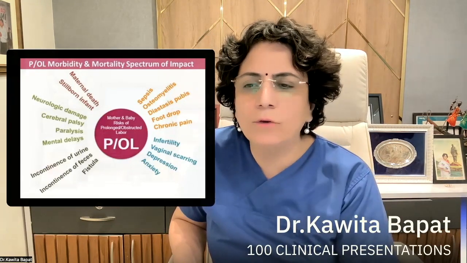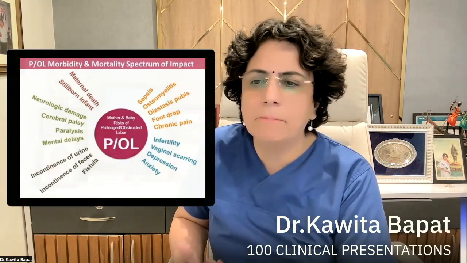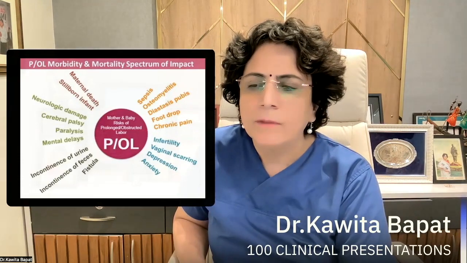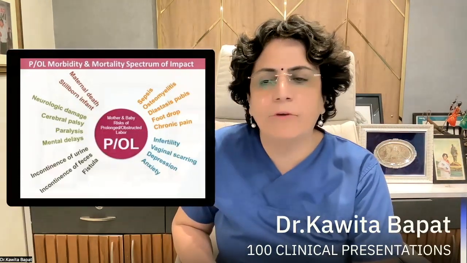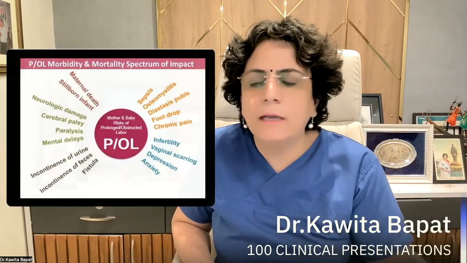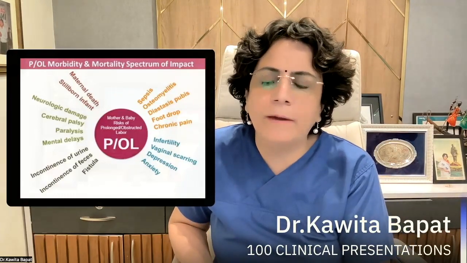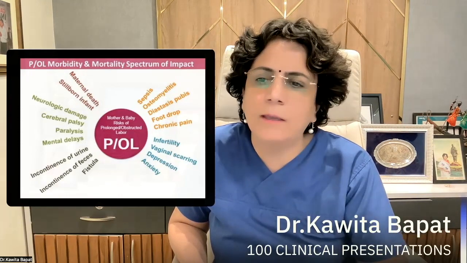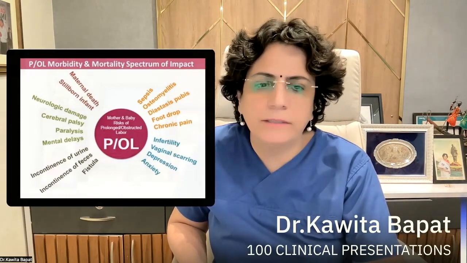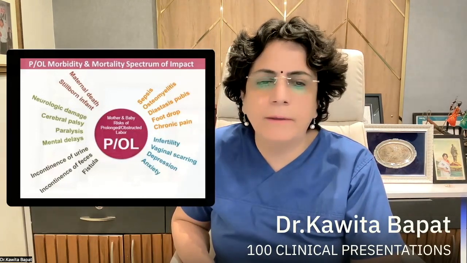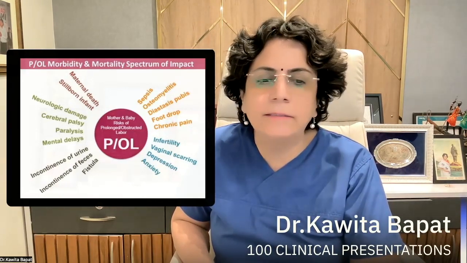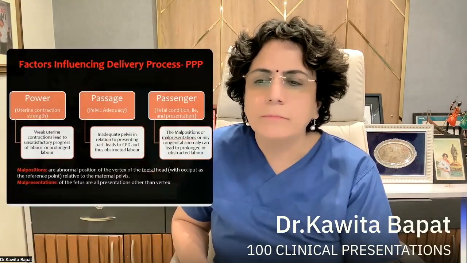Then there can be neurological damage, cerebral palsy, paralysis, mental delays, incontinence of urine, incontinence of feces, and formation of fistula. These are the most important maternal and mortality spectrum of impact from obstructed labor. It's not easy to deal with all of them, and they are really serious and severe for the future.